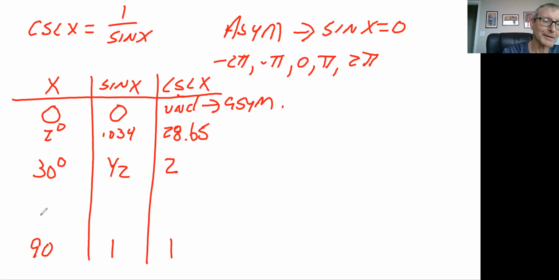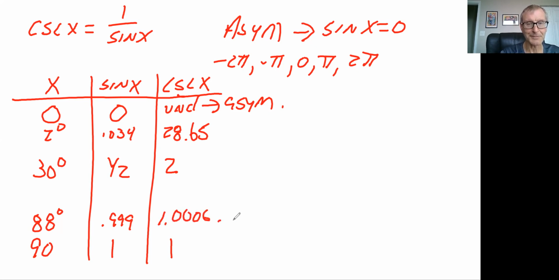And on the other hand, it gets close to 1. What is 88 degrees? Well, 88 degrees sine-wise is 0.999 and some change. And if you flip that, you get 1.0006 and some change. And so you could see that as it gets closer to 90, it's going to get real close to 1, and the time where they're both equal is at 1.